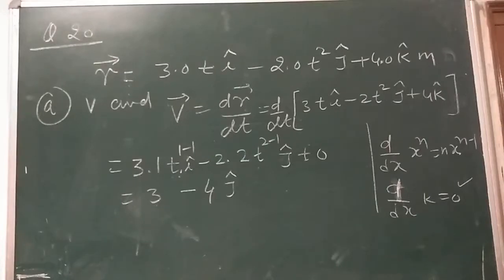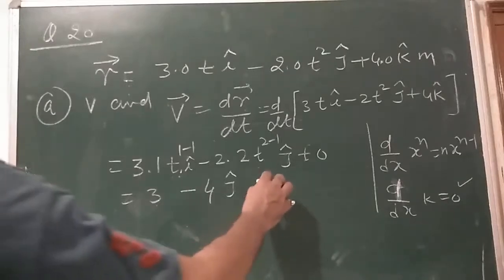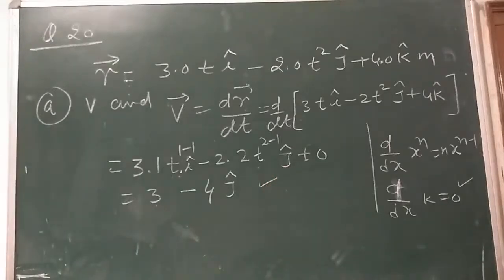This is the value here. So this is the velocity here, 3 i minus 4t j. Is that clear? So write down.